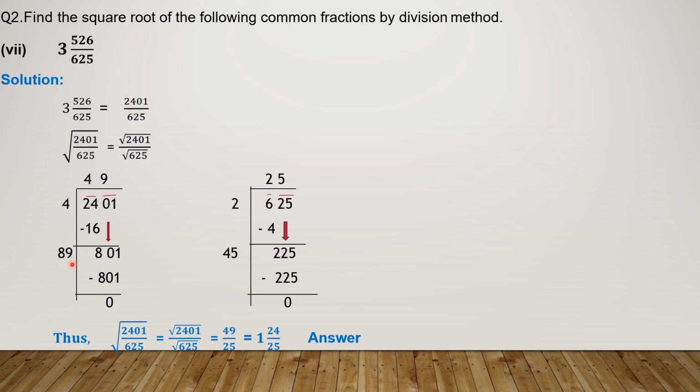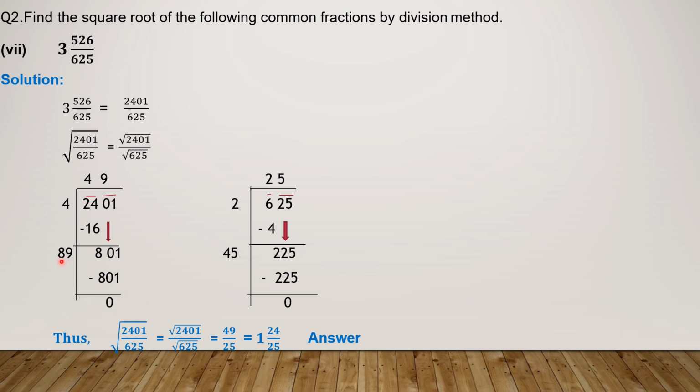Now with 8 we have to guess a number so that when we multiply this new divisor with the same number, we get a product that is equal to what? Our remainder 801. So we will guess the number 9 with 8.